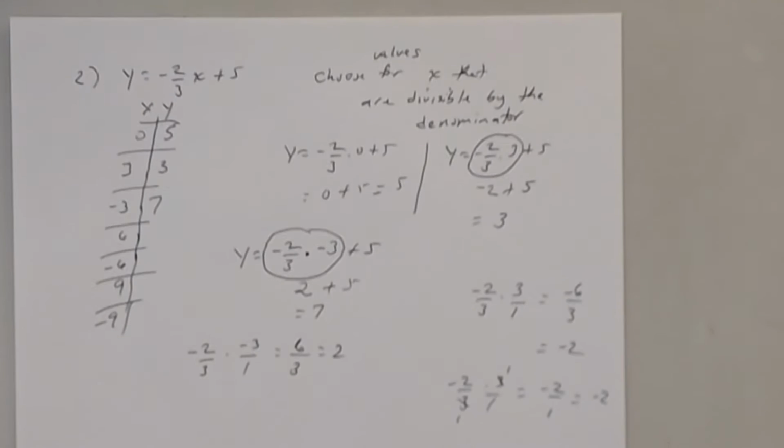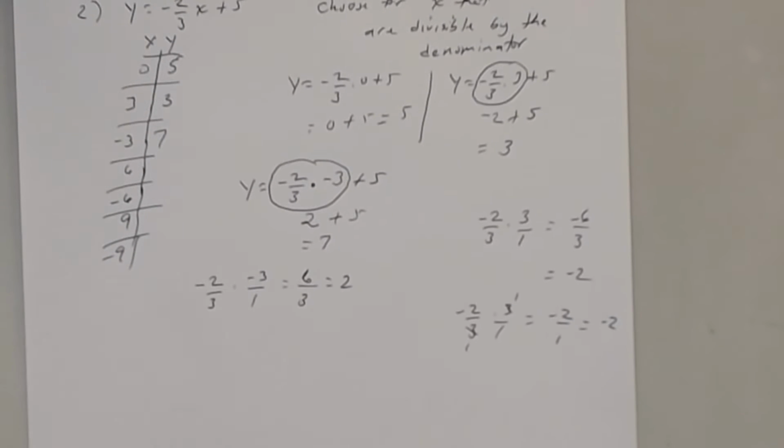Let's do the 6. If x is 6, I get y equals negative 2/3 times 6 plus 5. And again, we're going to multiply first.